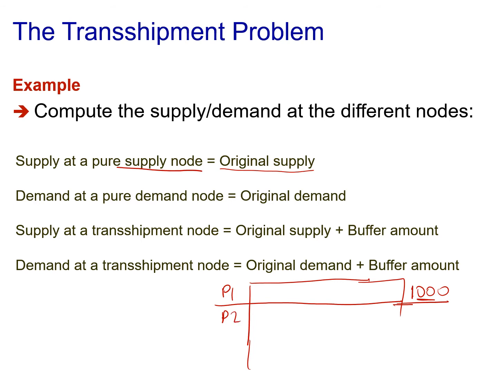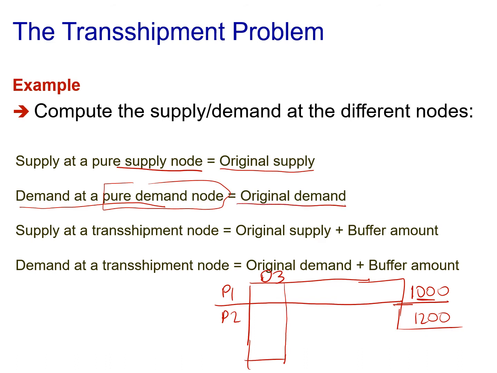Again, P2, it is 1200. You write the original value. For a pure demand node, remember D3 was a pure demand node, the demand will be its original demand, and in the given example it's 500. So for these, they are easy.